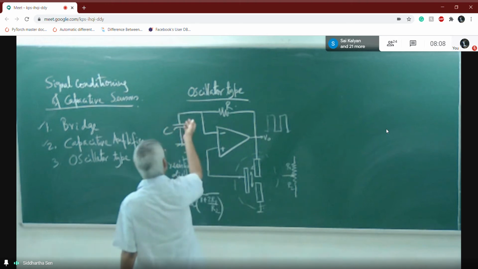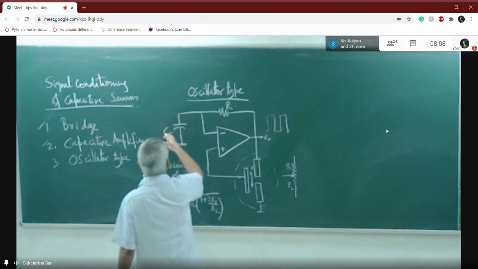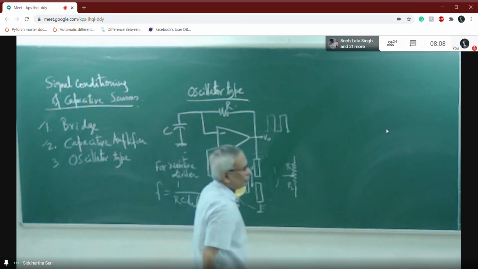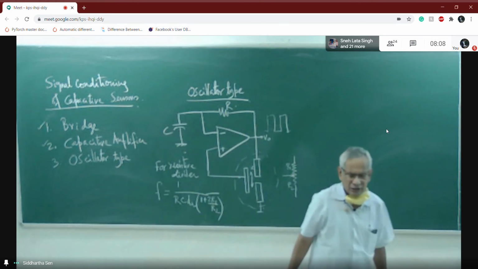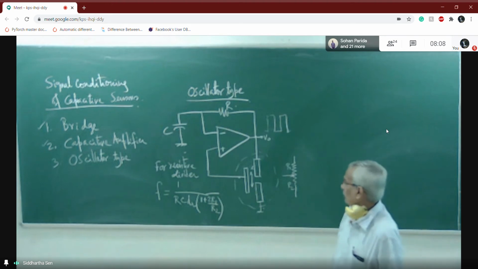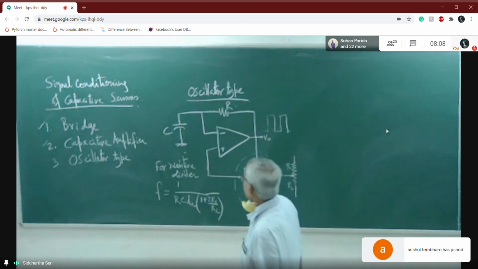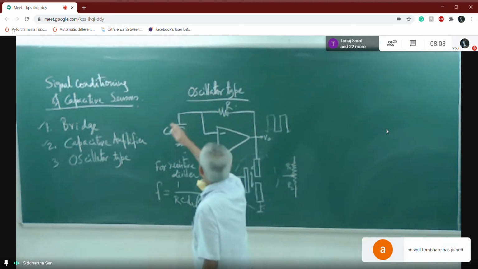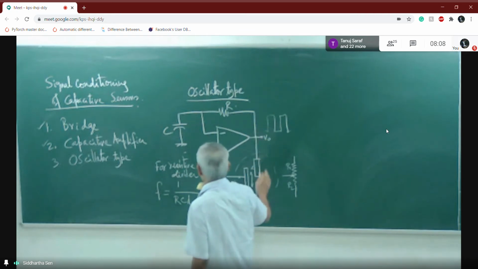One way is that instead of this C, you place a capacitive sensor. The frequency will then depend upon the variation of the capacitance, and we can measure the frequency.